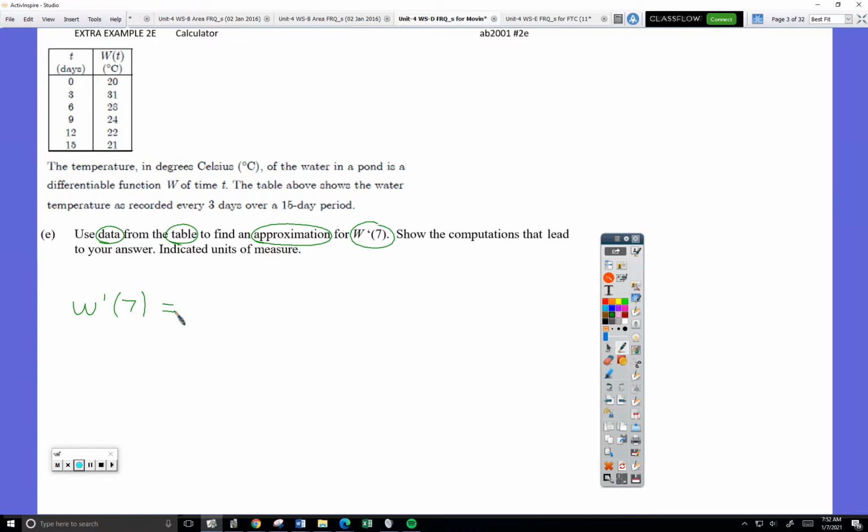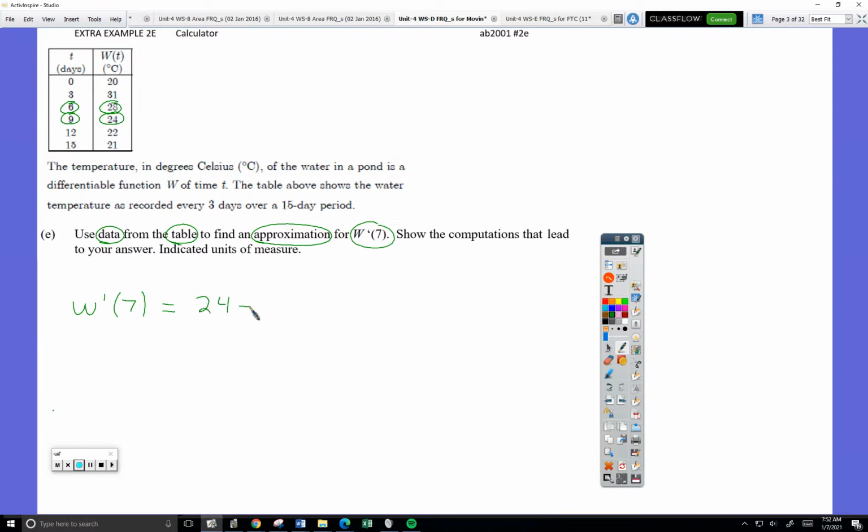So anyway, W prime of 7 represents the rate at which the water temperature is changing on day 7. Just like last time, I notice that I really have no way to find that, which is why they're asking me to approximate it. On day 9, the water temperature is 24.